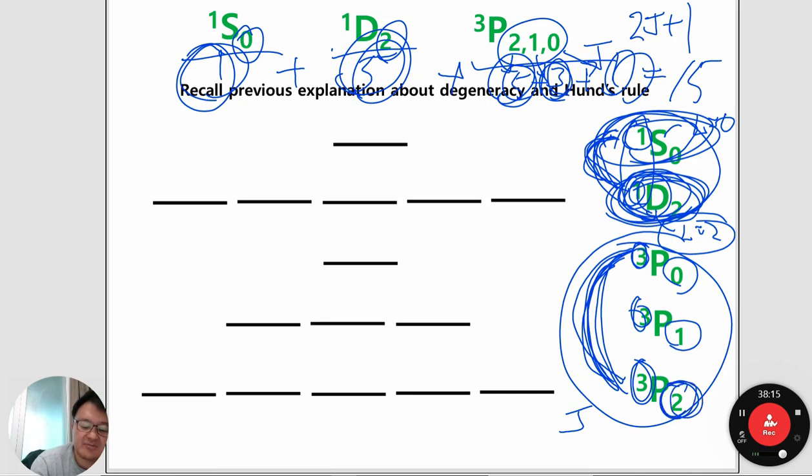So 2 is the most stable one, the next one is 1, and the least stable one among these 3 would be 0. So this order of the energy levels can be determined ultimately.